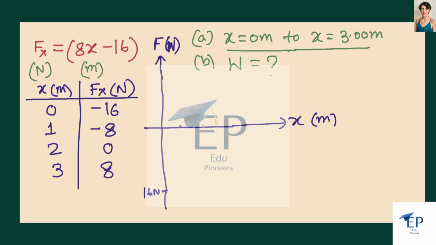At 1 it is minus 8 Newton, at 2 it is 0 Newton, and at 3 it is 8 Newton. So here are our points, and the graph looks like this basically.